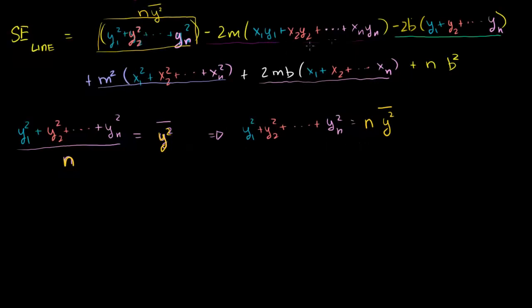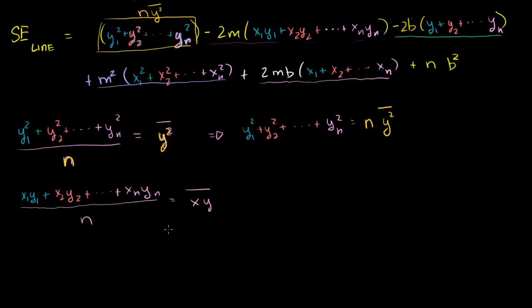And we can do that with each of these terms. What is x1 y1 plus x2 y2 plus all the way to xn yn? Well, if we take this whole sum and we divide it by n terms, this is going to be the mean value for x times y. For each of those points, you multiply x times y, and you find the mean of all of those products.